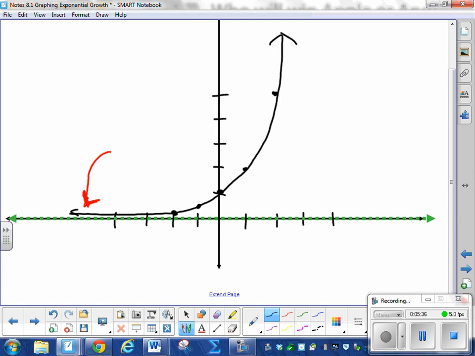Now, it does say to identify your asymptote. So your asymptote is this green line. The green line is side to side, so a line that goes side to side is a y equals line. It's a horizontal line. So the asymptote is y equals 0.